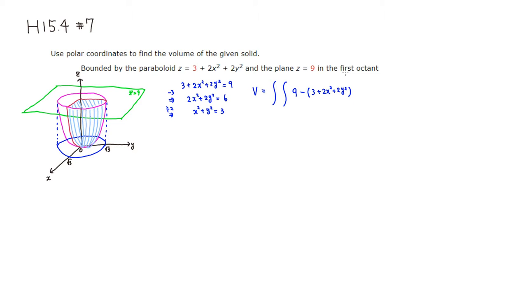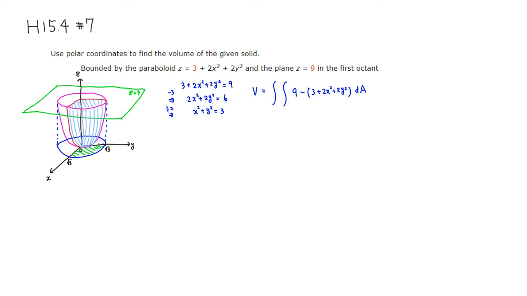This is in rectangular coordinates, so I'll just call it the area element, over this disk right here. It's actually a quarter disk, so the region is here.